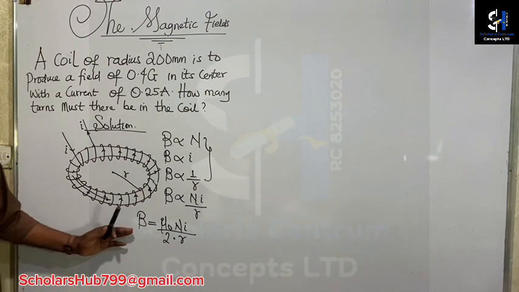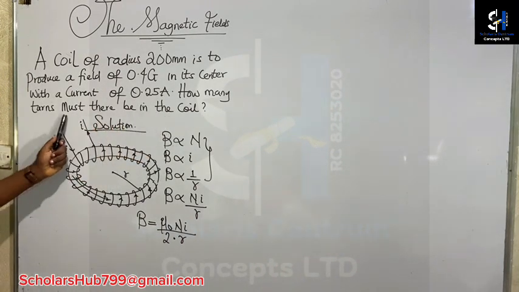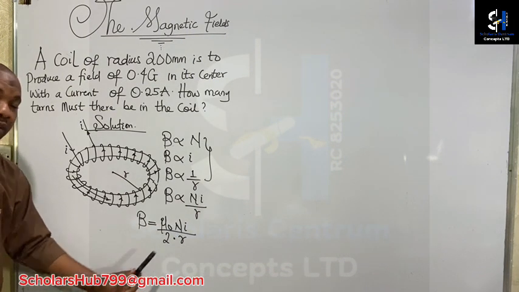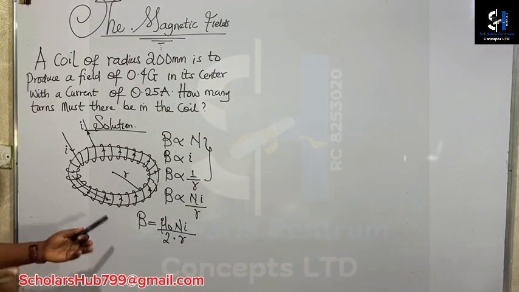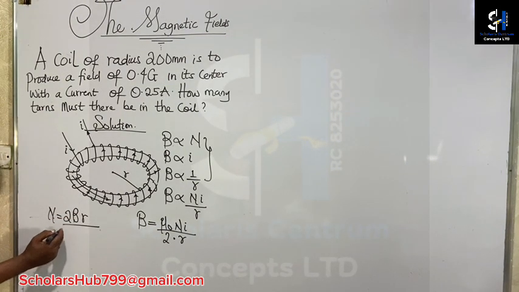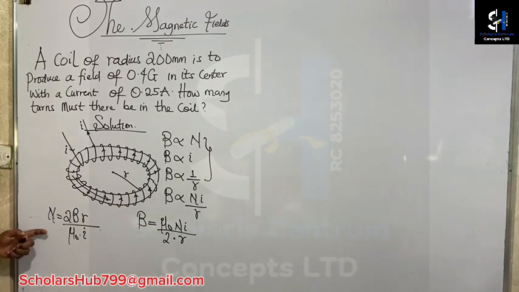In this case we want to find how many turns there must be in the coil, so we need to express N in terms of the magnetic field strength, the current flowing through the coil and every other parameter. So N equals 2BR over the permeability of free space multiplied by current I. This is the formula we're going to use to calculate the number of turns.